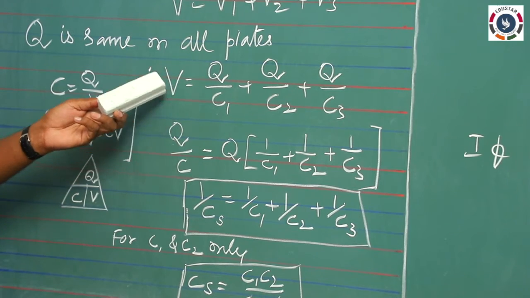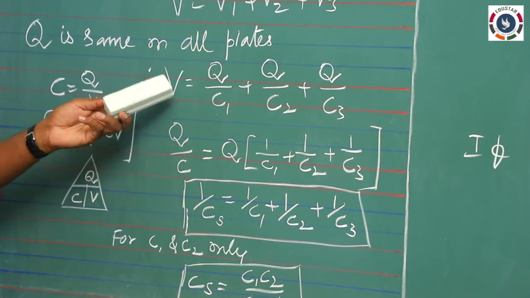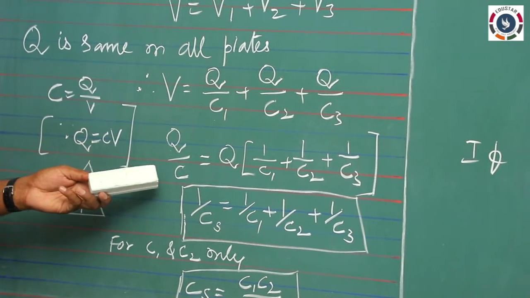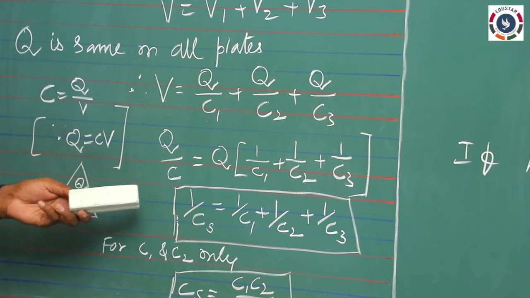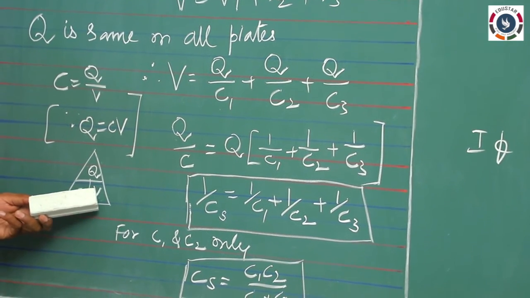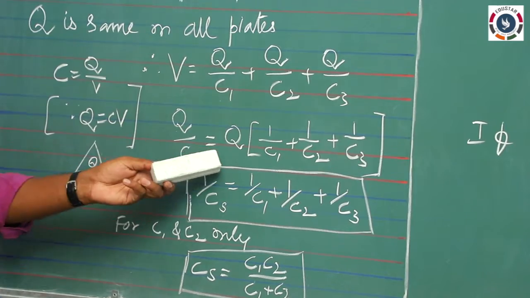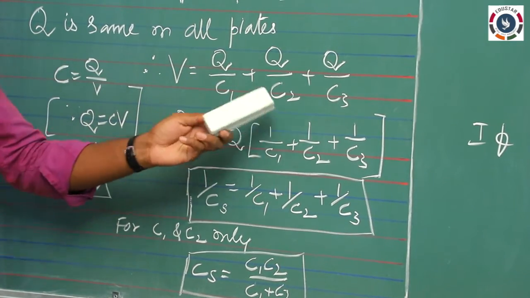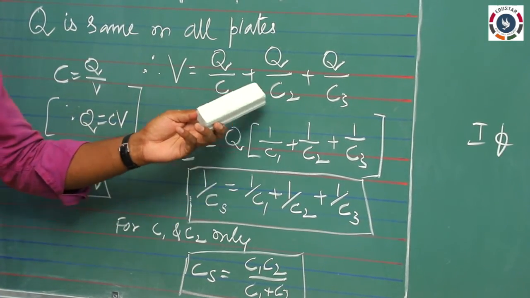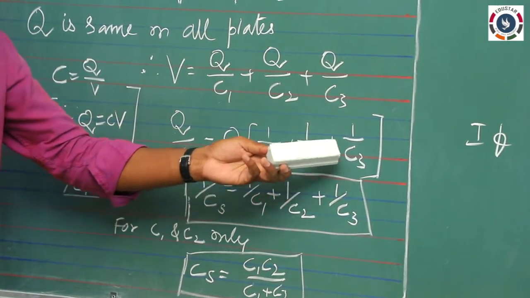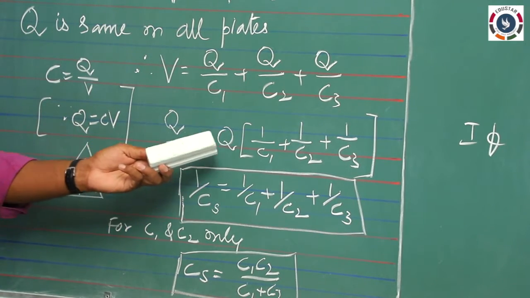In general, the potential difference of the total circuit can be written as Q by C, the same general formula V equal to Q by C. So Q by C equals Q taken outside on the right side, and the remaining will be 1 by C1 plus 1 by C2 plus 1 by C3. Q gets cancelled.